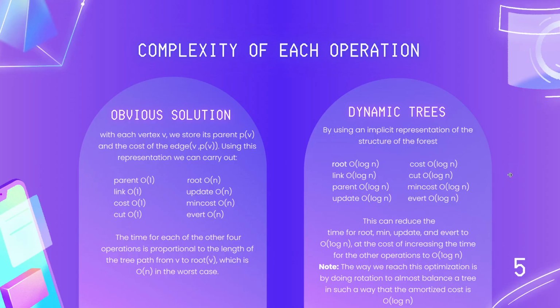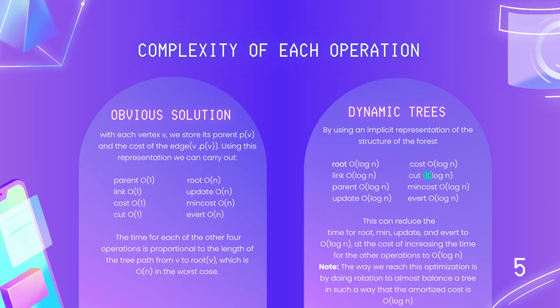Now talking about complexity again, we see that everything is logarithmic in time here. But if we just took a more naive solution, for example, we just represented the entire tree with dashed edges, then we could do a bunch of operations in order of 1 time. However, there are some which would take order of n time.